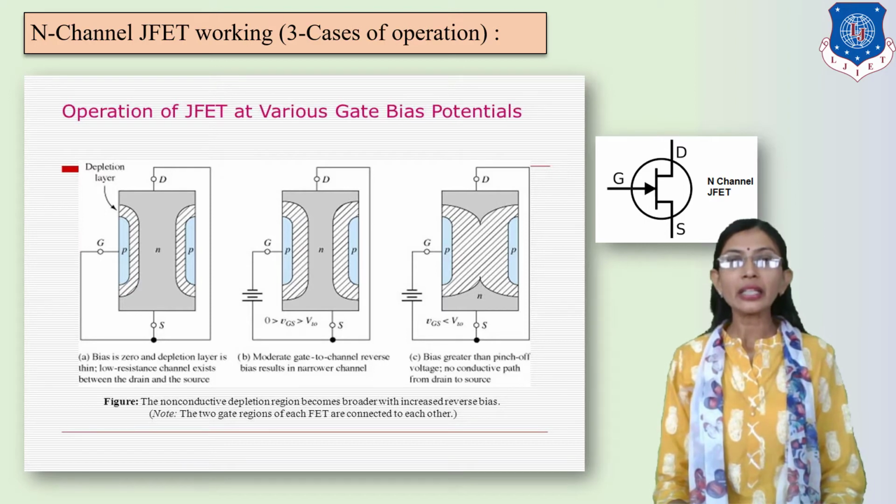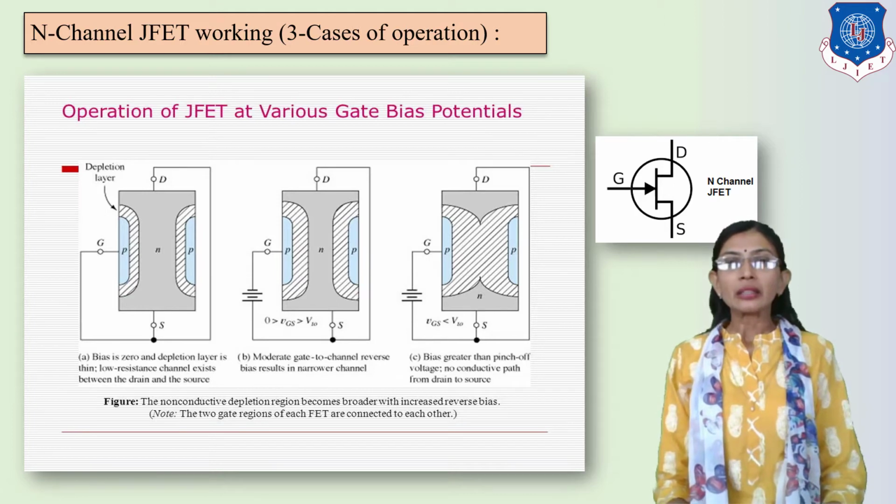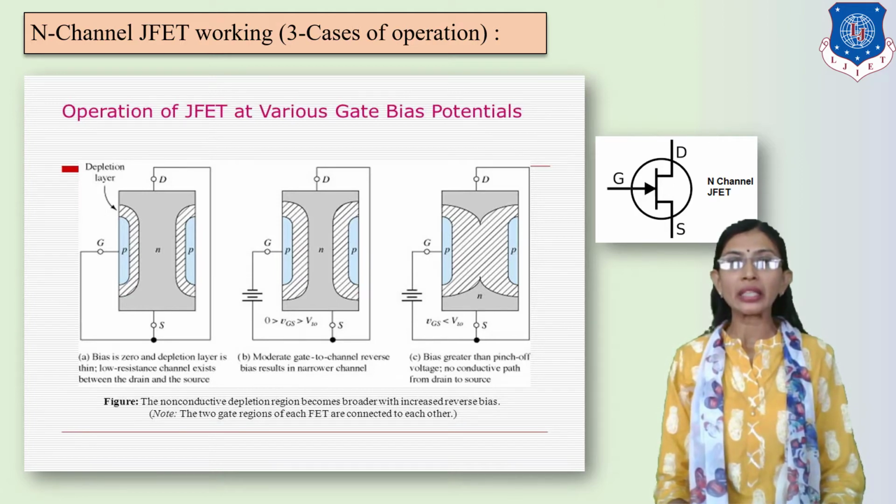Thus, drain current flows through the channel easily. In case 2, when reverse bias is applied, the depletion layer width increases across the junction and due to that the channel width is reduced. If the channel width is reduced, the quantity of current flow will decrease.